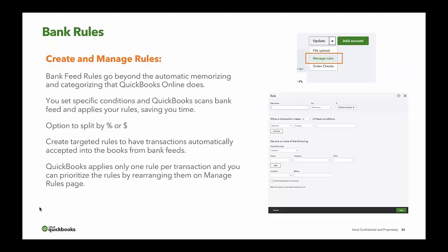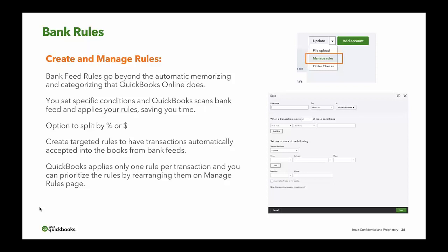It really goes beyond that automatic memorizing and categorizing that QuickBooks Online does as it learns. What this ends up doing is actually scanning the bank feed and applying the rules so that, like my screen, you can actually review those rules and have some of this stuff assigned so that it's just a review and submit. Maybe make a couple of tweaks before you add the transaction.